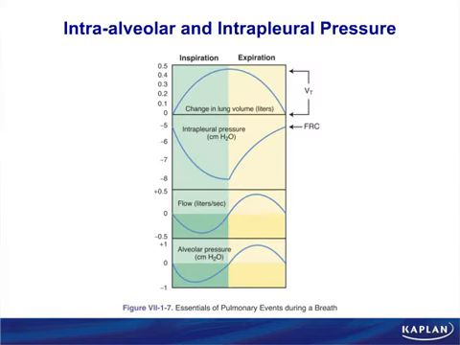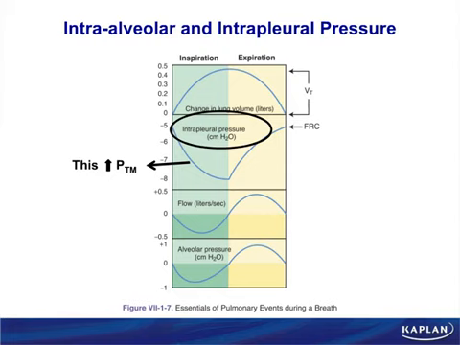Okay, what we just described in words, we're going to now see on a graph. Upper graph is volume, below that is interpleural pressure, then we have airflow and alveolar pressure. We start first with contracting the external intercostals and diaphragm, which makes interpleural pressure more negative.